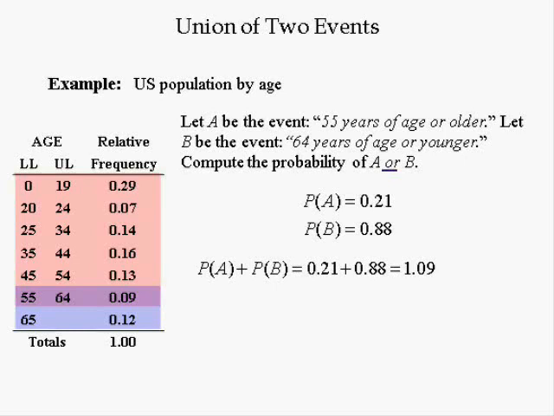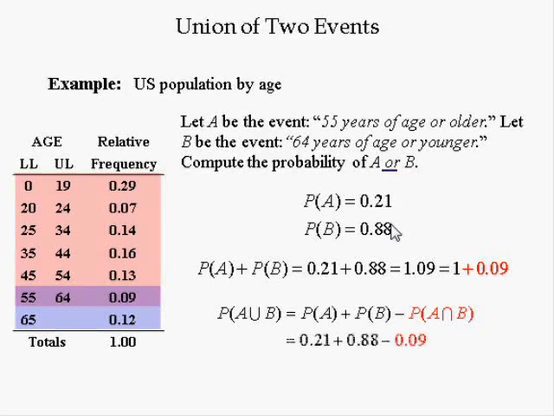It's larger than 1 because the intersection probability is 0.09. It was counted twice. It was counted once here and once here. Thus, when the intersection probability is not 0, we must use the addition law for non-mutually exclusive events, which is the probability of A plus the probability of B minus the intersection probability.